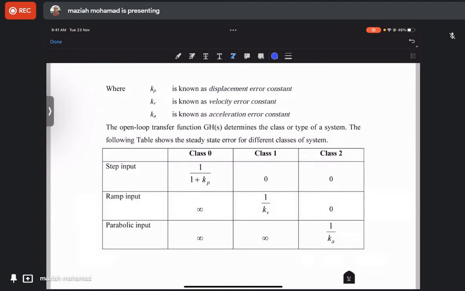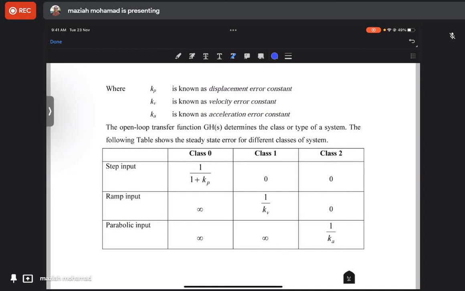If we apply a step input onto any control system and the open loop transfer function of the system is class 0, you can expect the steady state error to be a value, 1 over 1 plus Kp, right?